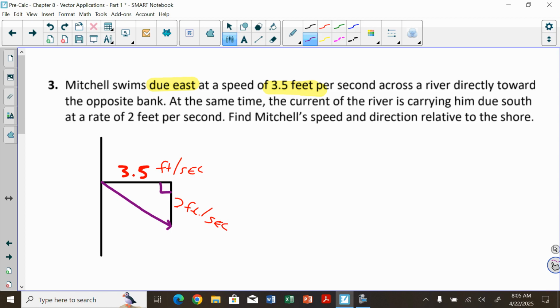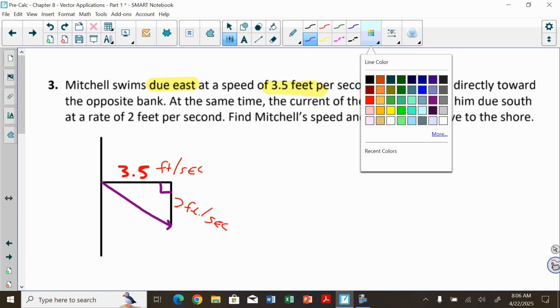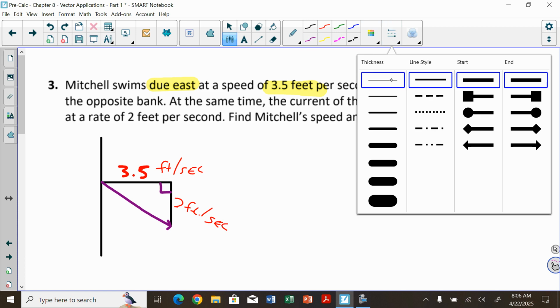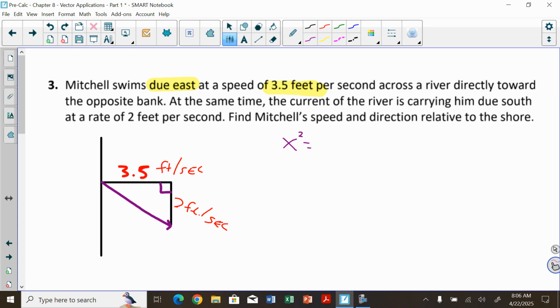I'm going to go ahead and use the law of cosines just to get more practice with it. You could use some trig and the Pythagorean theorem if you wanted to, but I'm going to do it this way to practice law of cosines a little more. We'll call what we're trying to find x.